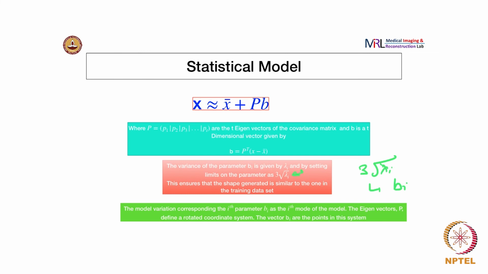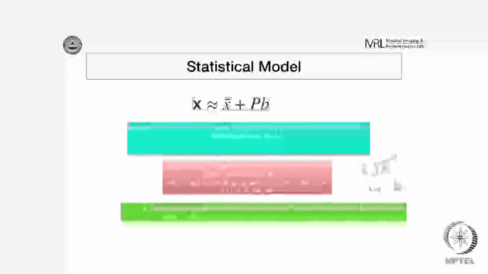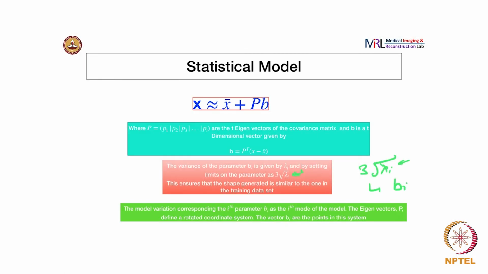But another way of looking at it is that it gives you a very systematic way of imposing constraints on b_i. Now you know its maximum, this 3 sigma. So you know what kind of constraint to put on b_i, because at some point we'll be estimating the b_i's, because that's what tells you what the shape is, and we want to make sure that it won't go beyond these limits.